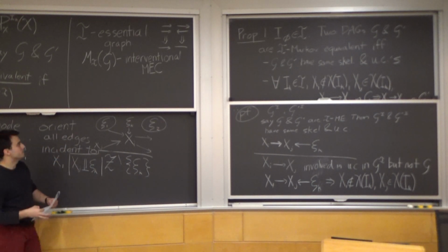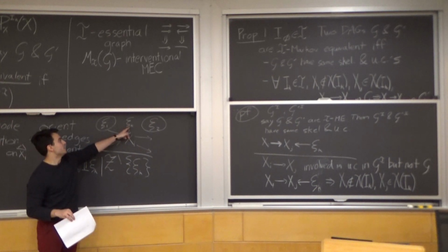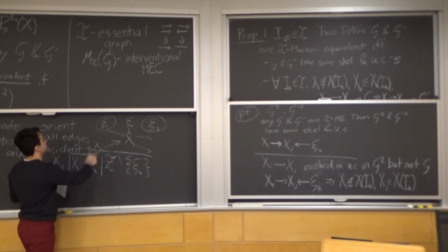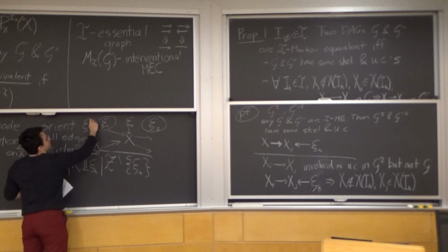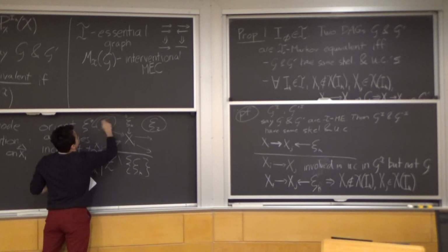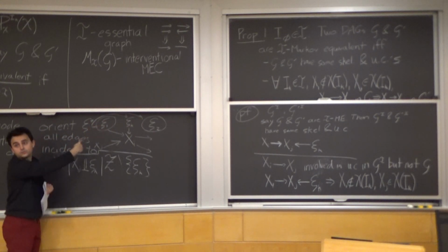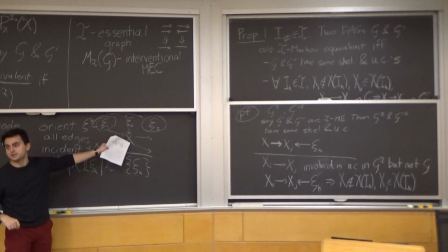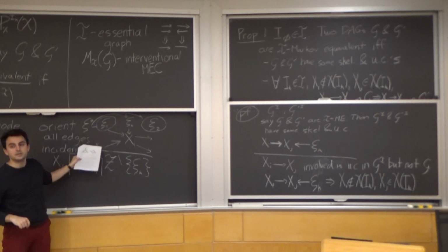Because the only paths from zeta k to xi would go up through this zeta star variable, but we're blocking all of its other children, and because xi is not conditioned on, this is not a d-connecting path.